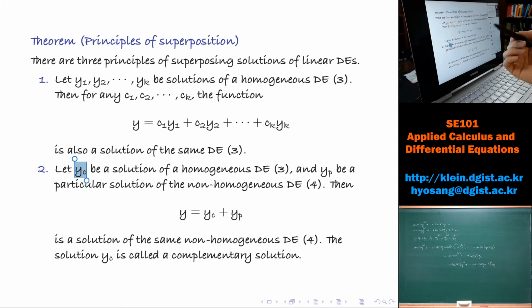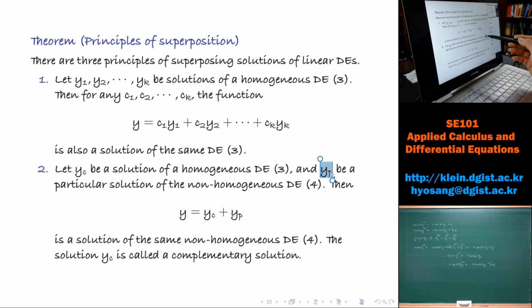So y_c contains an arbitrary constant in the formula of the solution. So when we try to find a general solution to the non-homogeneous differential equation, we have to add a solution containing an arbitrary constant, which is y_c.